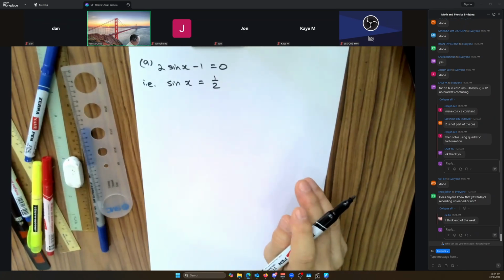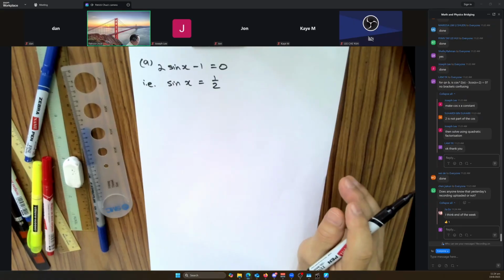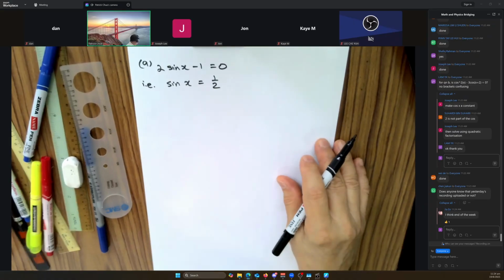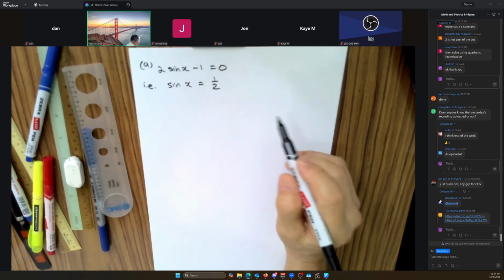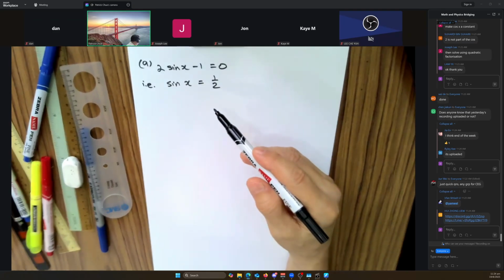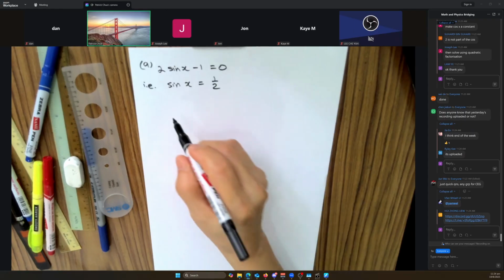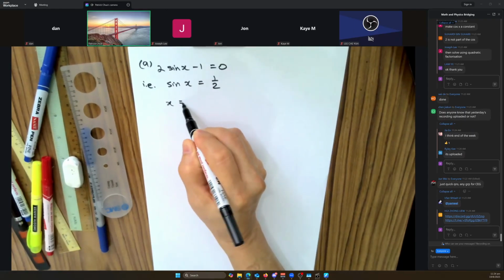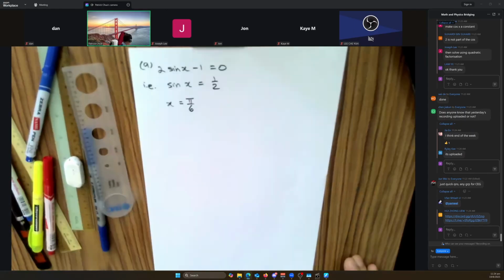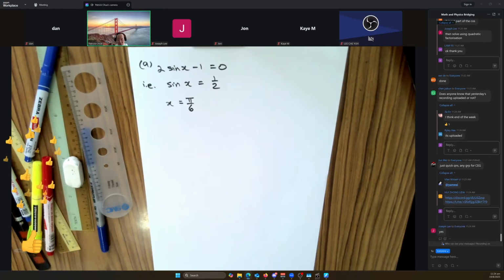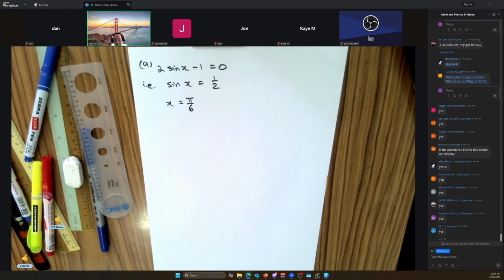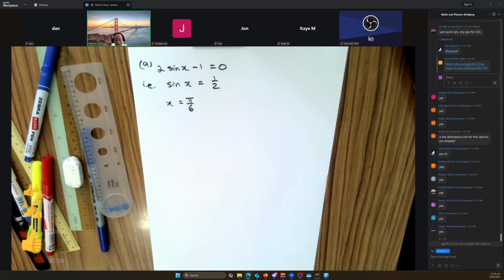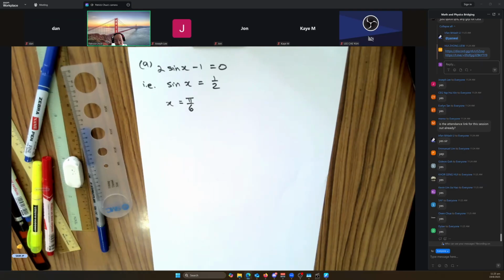Use your calculator: x equals arcsine of half will give you 30 degrees. Do you all get 30 degrees, which in radian form would be x is equal to pi over 6? Do you get something else besides pi over 6?